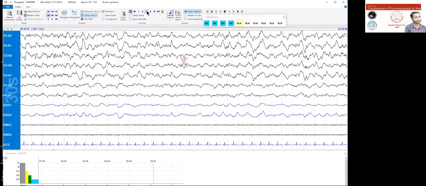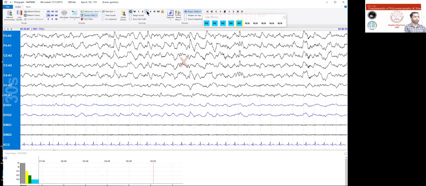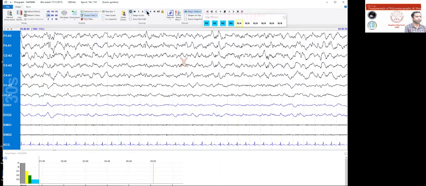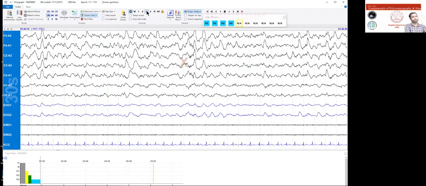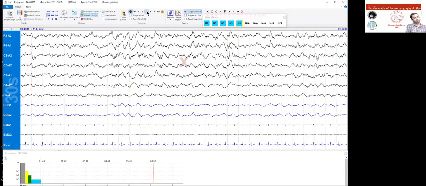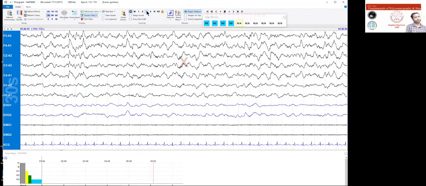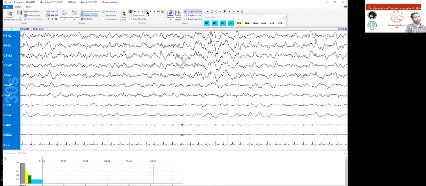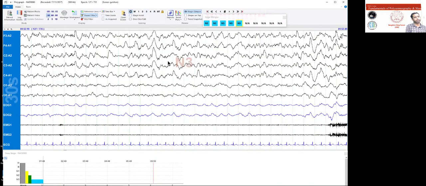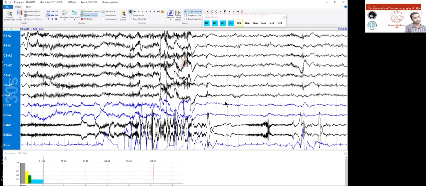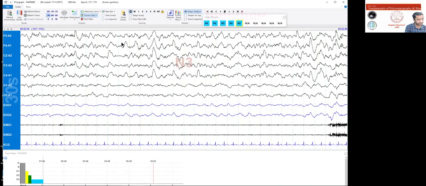Quite a long first half of this was N3, and this wake stage was there. This is N3. Now, in these small activities, since it is covering more than 20% of the epoch, it's N3. So you can see so much activity there.